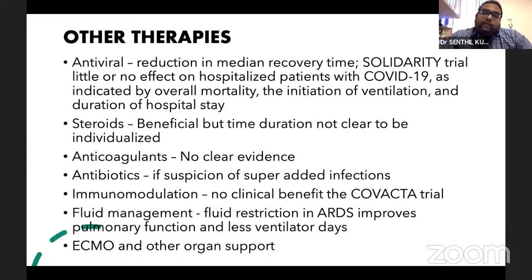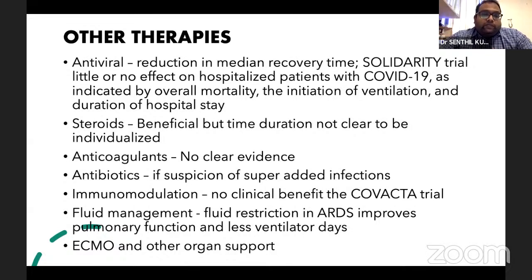More studies are still going on, like targeting specific interferons, interferon 2 or interferon 3, which is the signature of COVID ARDS, where interferon 2 and 3 levels are higher in these patients. So targeted interferon therapy is still in the research stage, and whether these researches will put some light on managing ARDS remains to be seen.